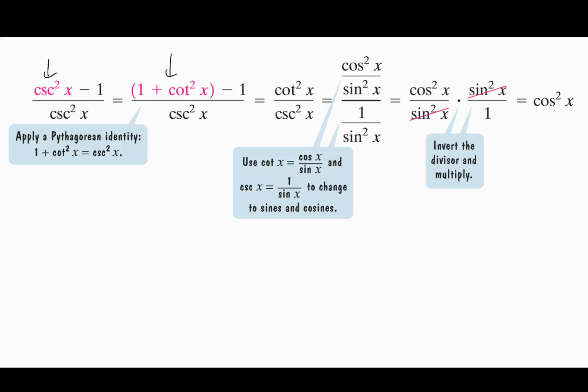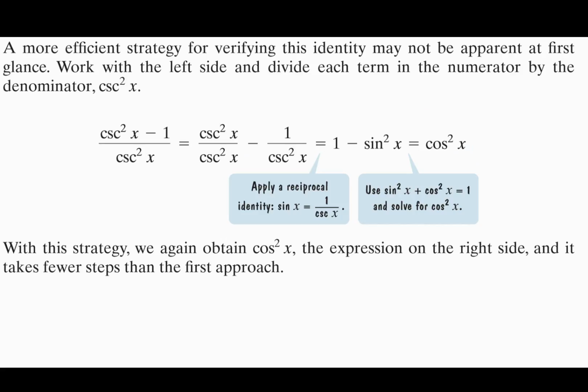And so now the 1's can cancel out, and you have cotangent over cosecant, which is cotangent is cosine over sine. Cosecant is 1 over sine squared. Sine squares cancel, and you get what you were trying to get, which was cosine squared. Okay, not terrible, but maybe there's an easier way.